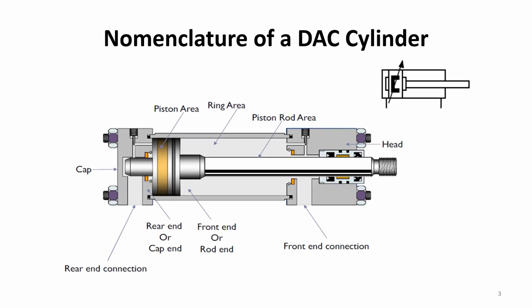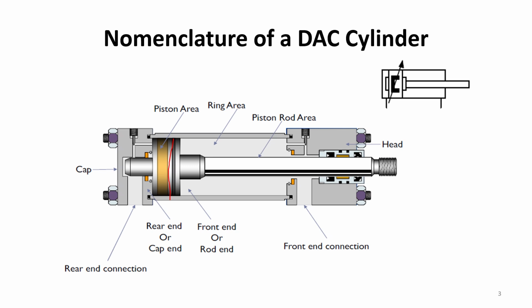Let us now try to understand the nomenclature of a double acting cylinder, where a double acting cylinder's cross-sectional view is shown here. Inside the cylinder's body, a circular disc called the piston will be present, and the area occupied by this piston is called the piston area.